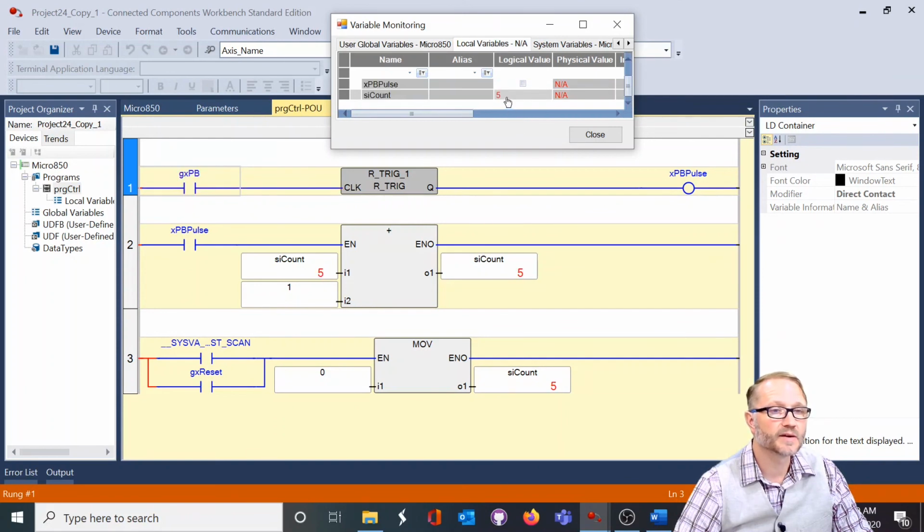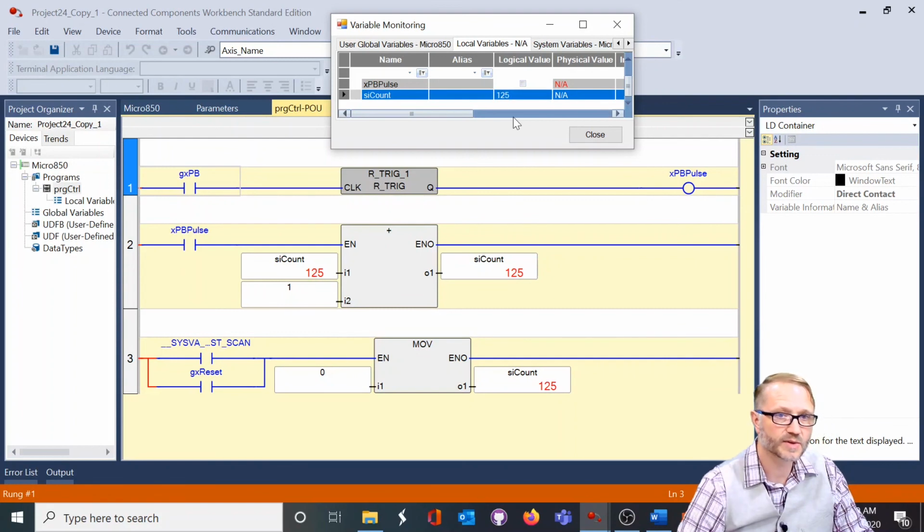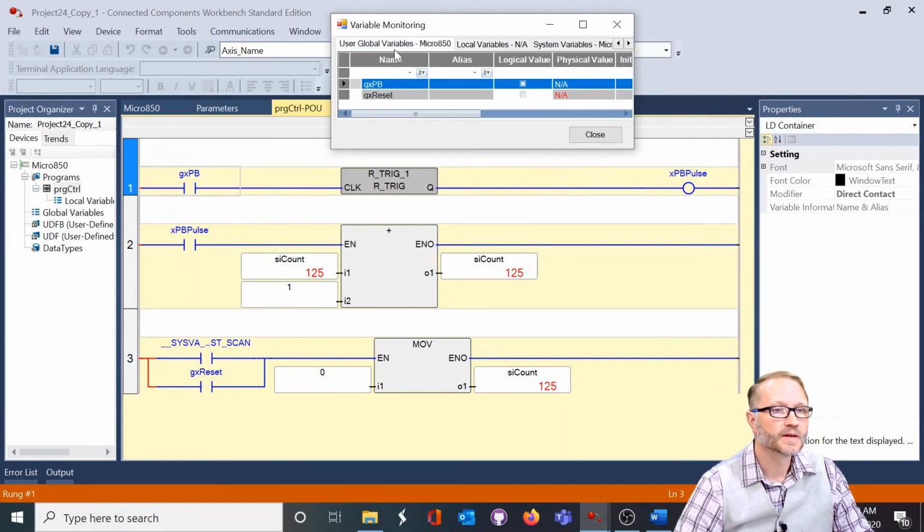So what I'm going to do now is I'm going to go to local variables, and I'm going to increase this number to 125. That way we don't have to push it all those times. Then we go back here. The button now goes to, or excuse me, push the button, it goes to 126. Push the button again, 127.